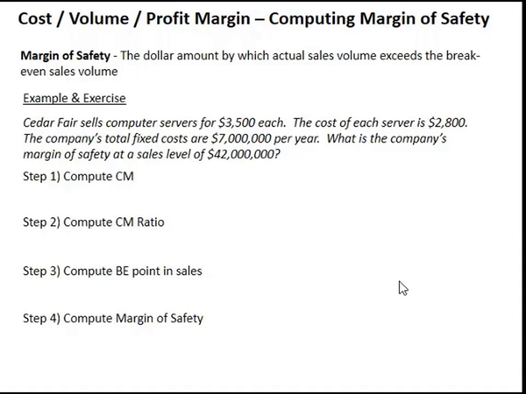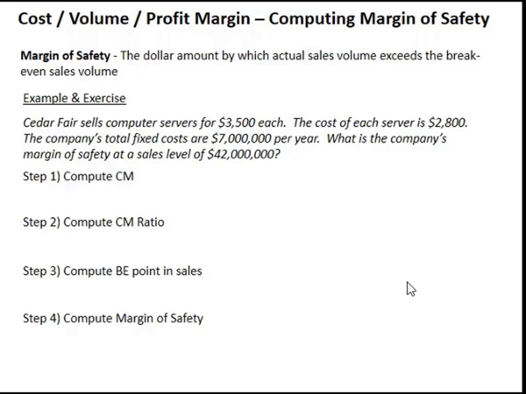We have a company called Cedar Fair, and they sell computer servers for $3,500 each, and the cost of each server is $2,800. So that represents the variable cost. Cedar Fair also has total fixed cost of $7 million a year.